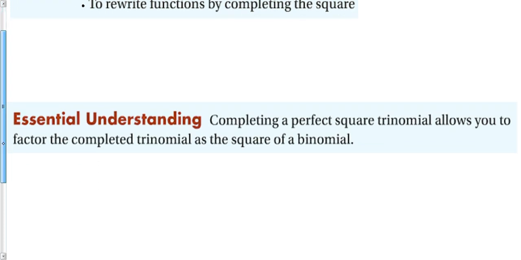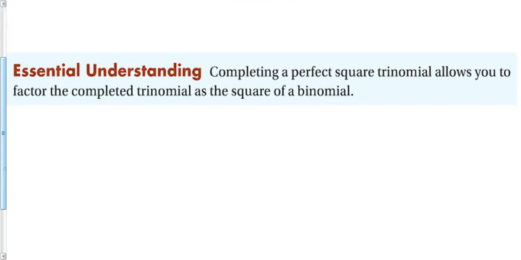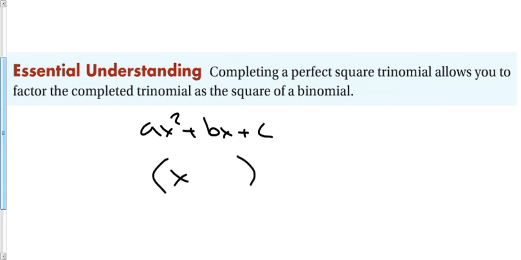Well, that means that we are going to have some sort of quadratic, and we are going to change it from ax squared plus bx plus c, something like that, and we are going to make it so that it looks like a plus some number, could be anything, squared. Okay? Changing a trinomial to the square of a binomial. We are going to figure out what I need here and complete the square.